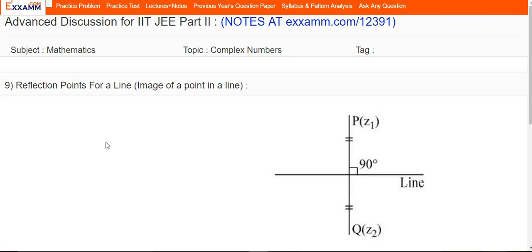Now in the case of a straight line, first, what is the general equation of a straight line? It was alpha bar z plus alpha z bar plus r, where alpha is a complex constant and r is a real number.